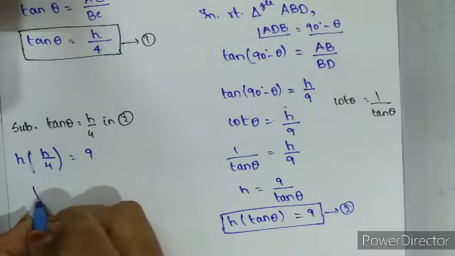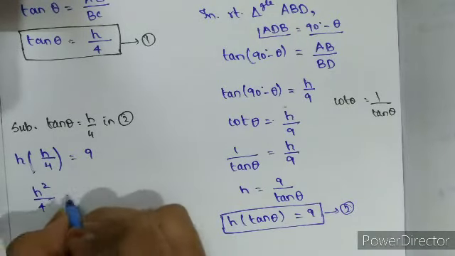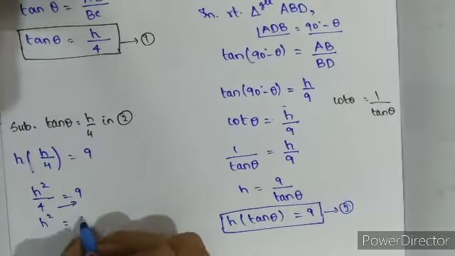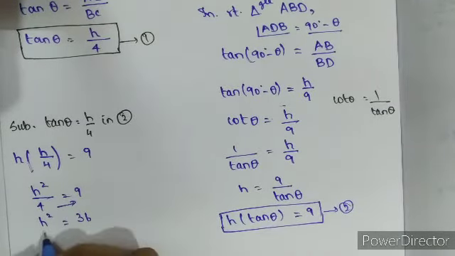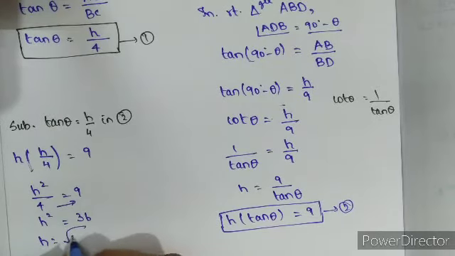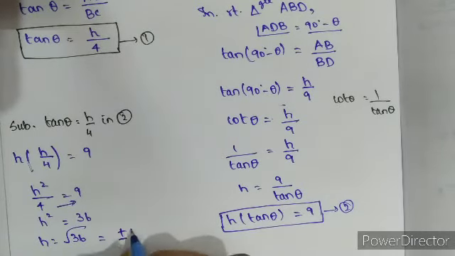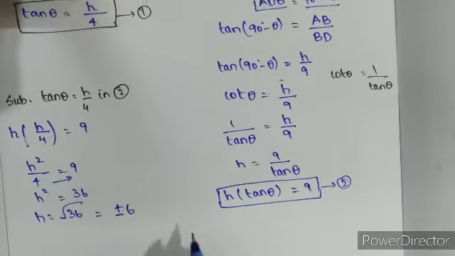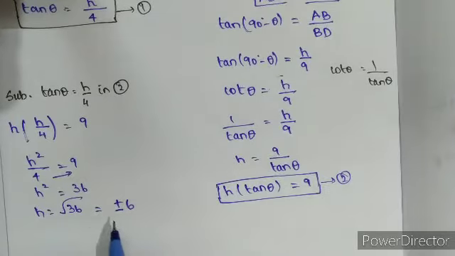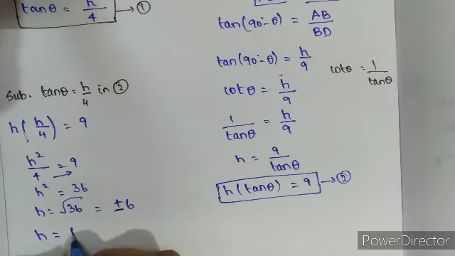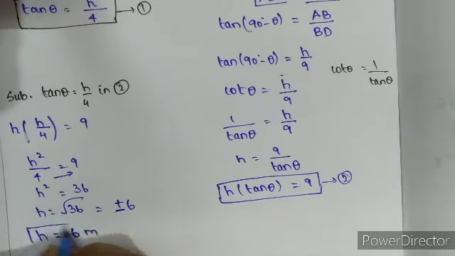So, when we multiply this, we get h squared by 4 is equal to 9, which is h squared is equal to 36. When we take root of this, root of 36 is plus or minus 6, right? So now we know that the height cannot be negative. It can be only positive. So we can conclude that height is equal to 6 meters.